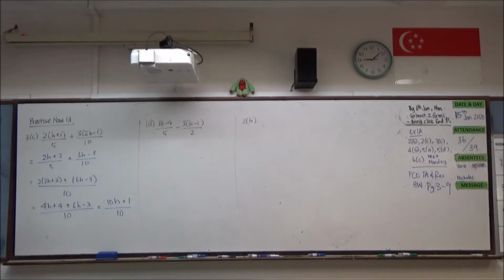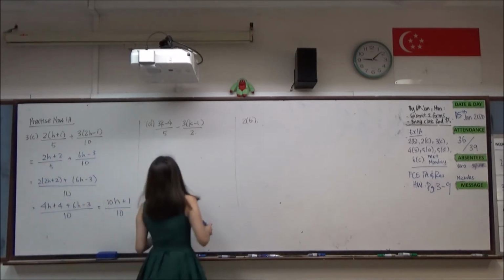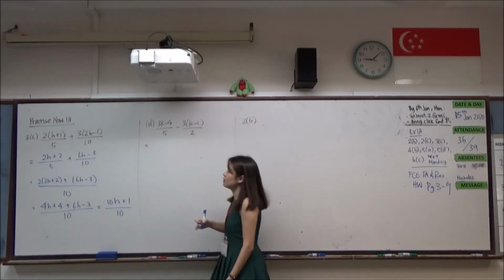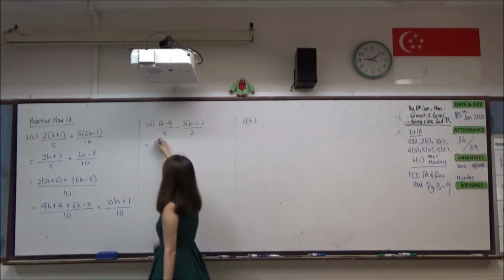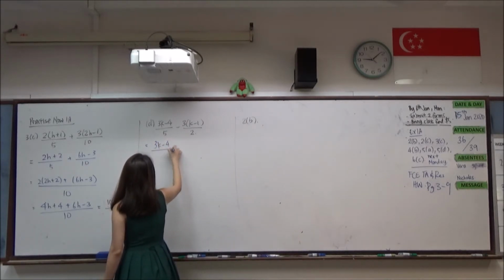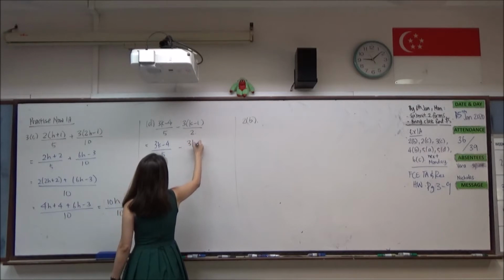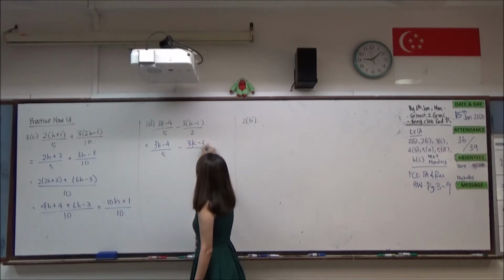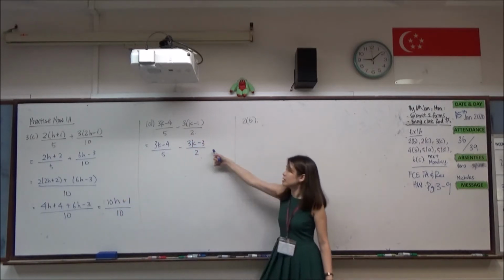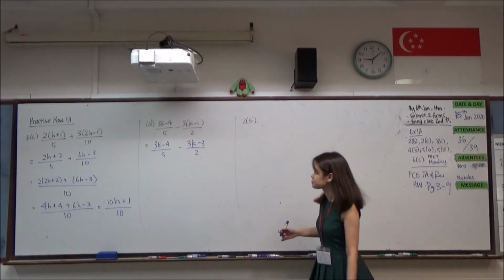Next, looking at part D. So similarly, we will expand the brackets first. So 3k minus 3 in the numerator.